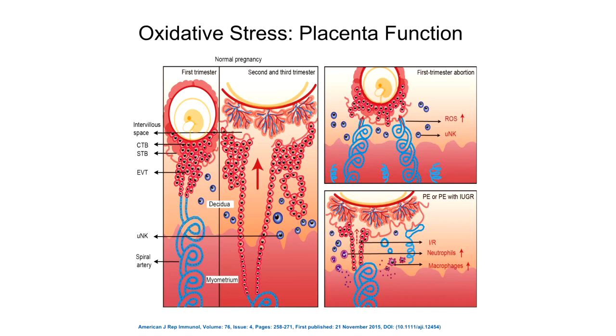When we have a first trimester abortion, what occurs is a malstructure of the extravillous trophoblast invasion with a lack of connection between the tips of the arteries and the syncytial trophoblast part.